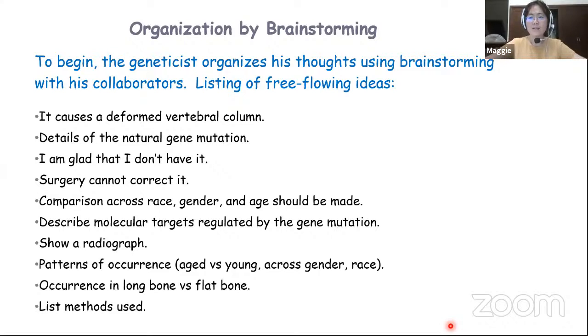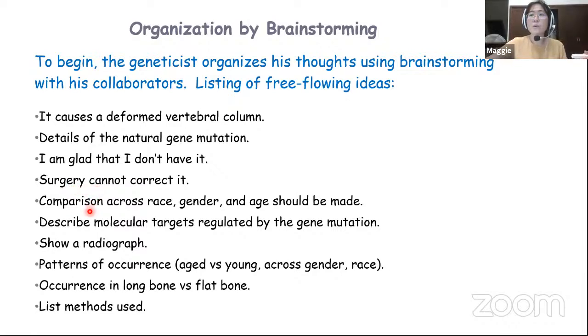So first, he writes down that it causes a deformed vertebral column. And then he can talk about the details of the natural gene mutation, and he thinks, oh, I'm glad that I don't have it. That's the free idea, and he can write it down. And also because it's a gene mutation, it cannot be corrected by surgery.